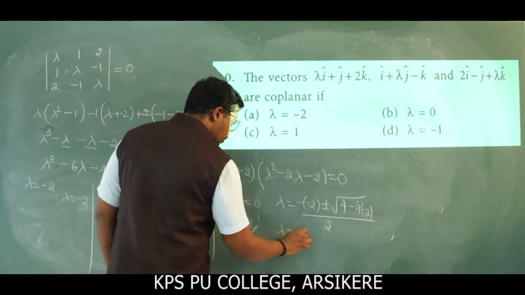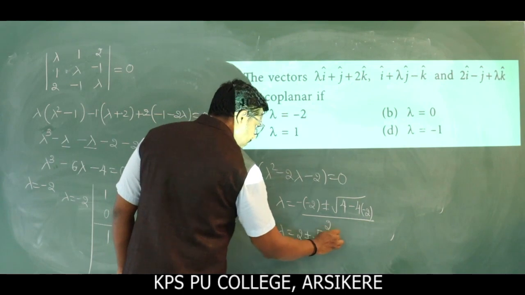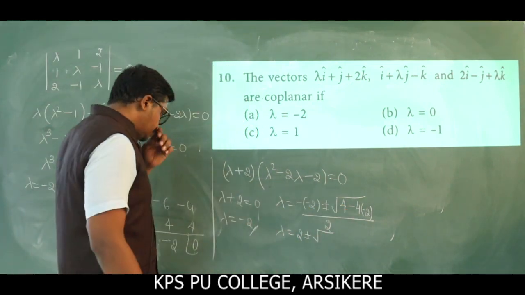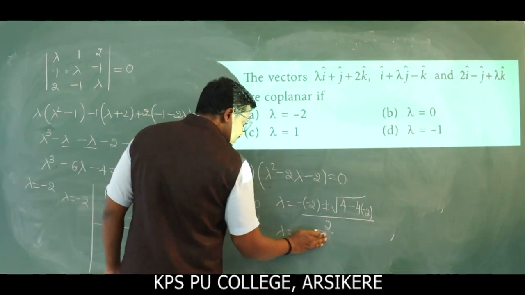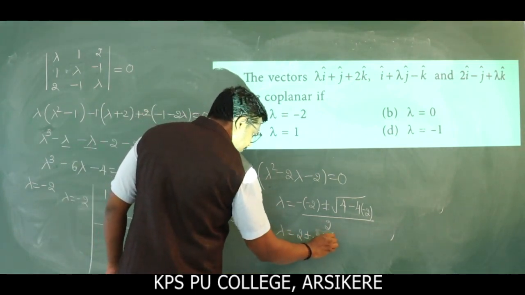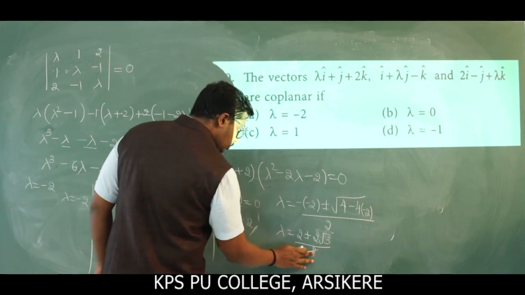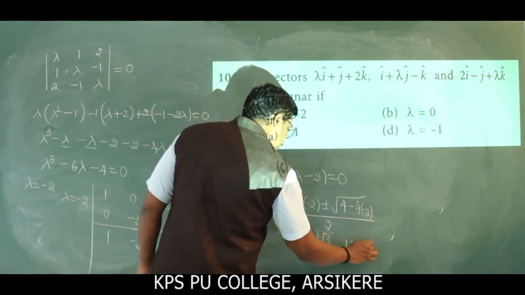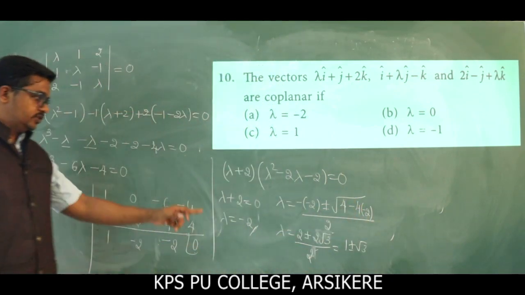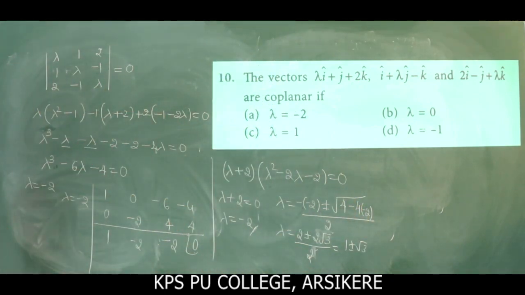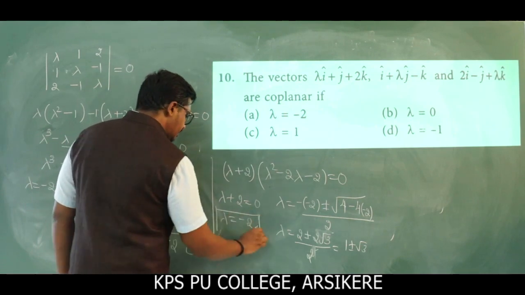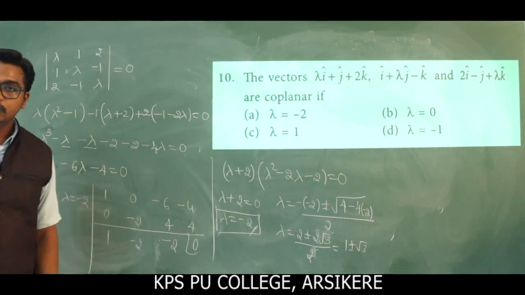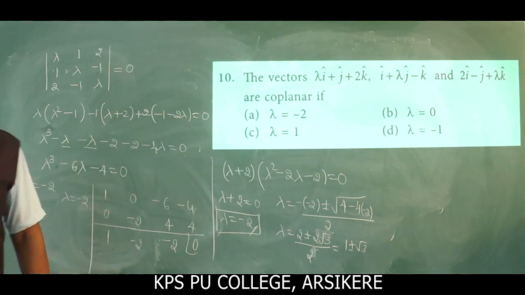So lambda is equal to 2 plus or minus square root of 4 plus 8, that is 12. 12 can be written as 2 root 3, divided by 2. Take 2 as common, we are left with 1 plus or minus root 3. So these are not in the options. Hence lambda is equal to minus 2 is our required value. Option A is the right answer.